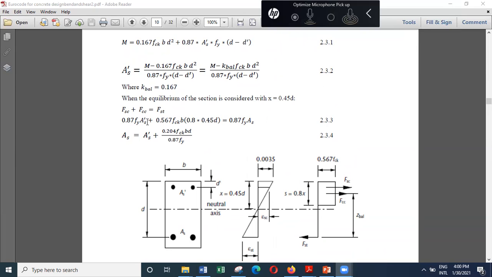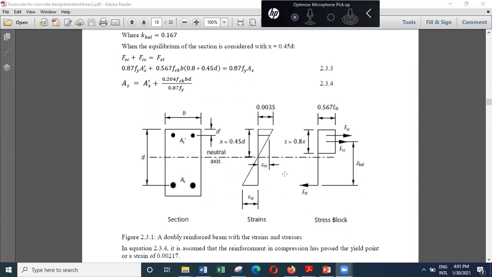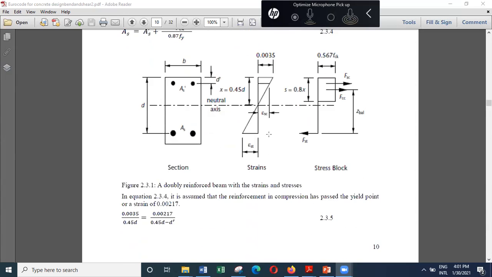So the check is that the steel has actually yielded. And for the steel to yield, the strain at this level should be more than 0.00217, and that is the strain that we got from the stress strain curve.